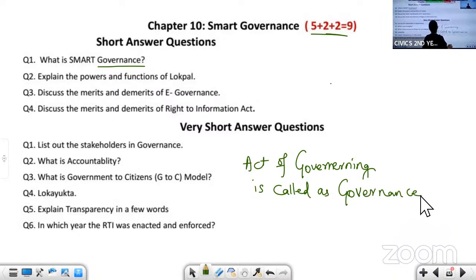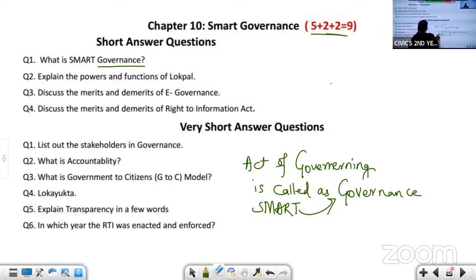So what do you mean by smart governance? Adapting technology, adapting the use of information tools, ICT tools, information and communication tools, when government is governing, then we call it smart governance.